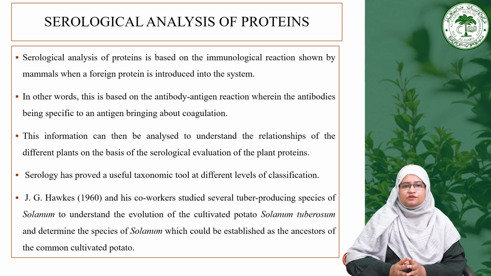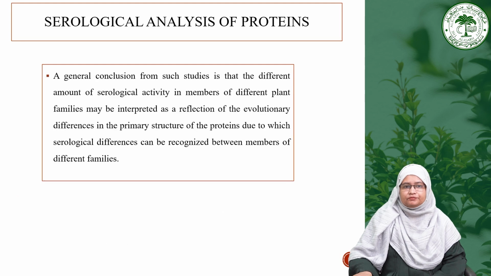So serology has proved to be a useful taxonomic tool at different levels of classification. J.G. Hawkes and his co-workers studied several tuber-producing species of Solanum to understand the evolution of the cultivated potato, Solanum tuberosum, and to determine which species of Solanum could be established as the ancestor of the common cultivated potato.